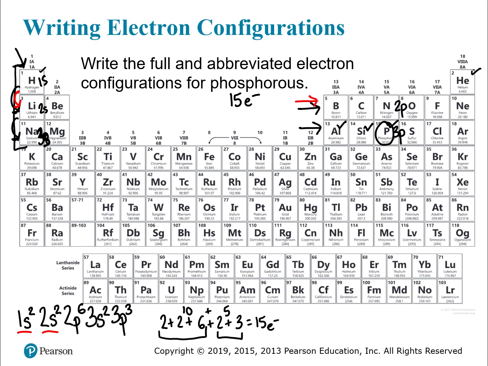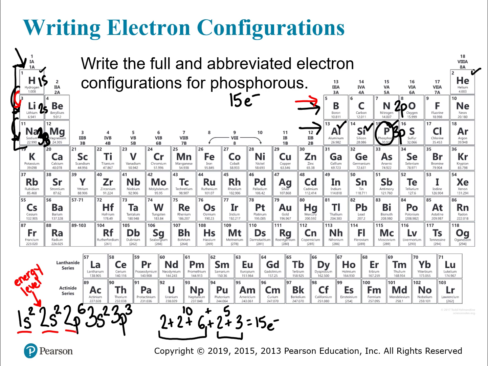No. So the 2, that's the energy level. So that's the row number. So we're not saying that we have 2 s orbitals. We're saying it's the s orbital in energy level 2. Okay.